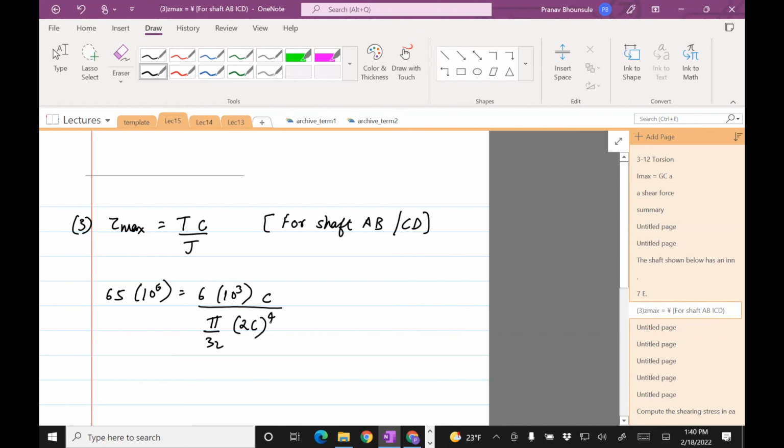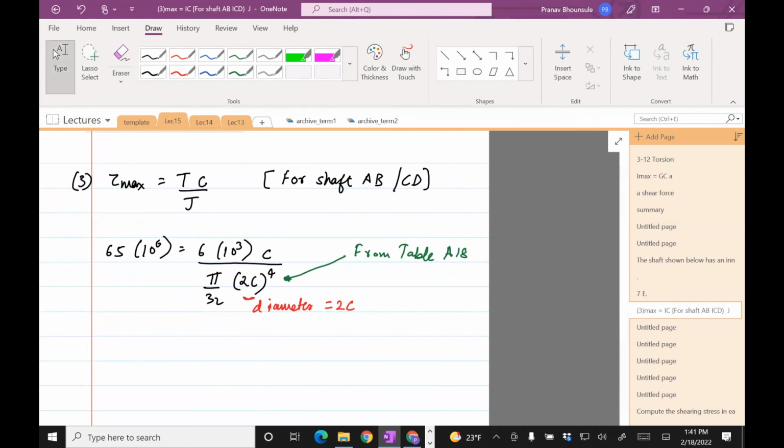So I put d equals 2c. 65 times 10 raised to 6, 6 times 10 raised to 3.